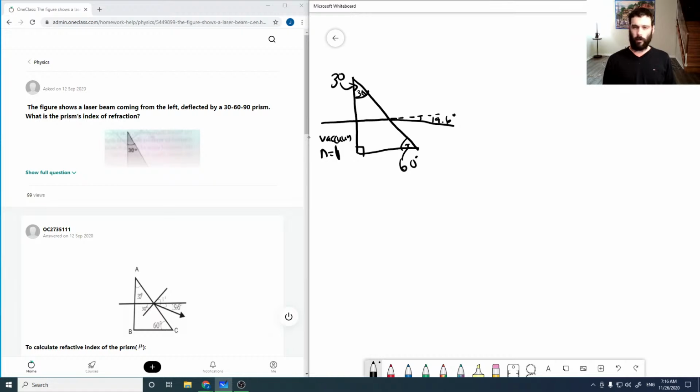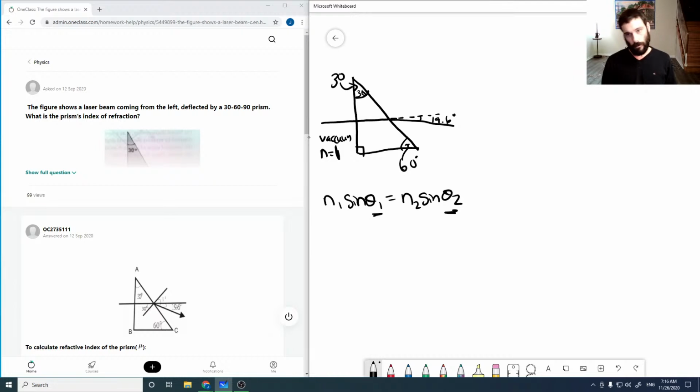Okay, so to do this now, this is really a Snell's law question. So n1 sine theta 1 is n2 sine theta 2. And first we need to identify what theta 1 and theta 2 is.